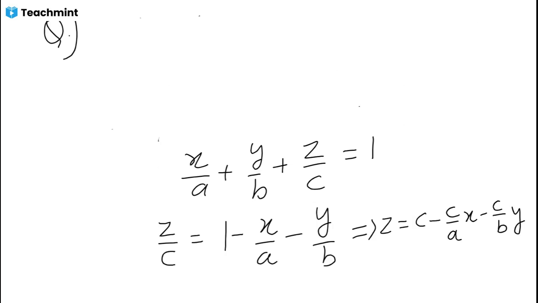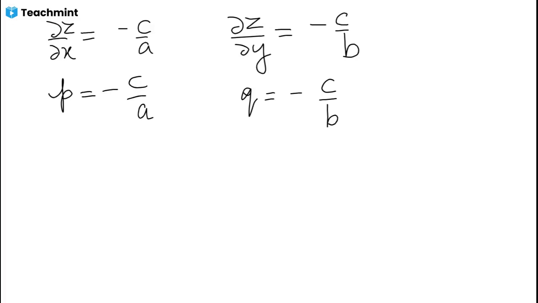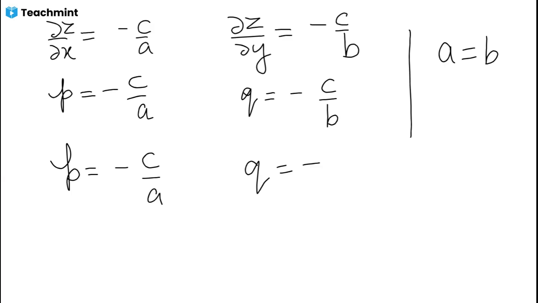What we need to do here, they are saying we need to take equal intercept on the x and y axis. So that means we have a is equal to b. Because it is of equal intercept. That is why in that case we can take p is equal to minus c over a and q is also the same.